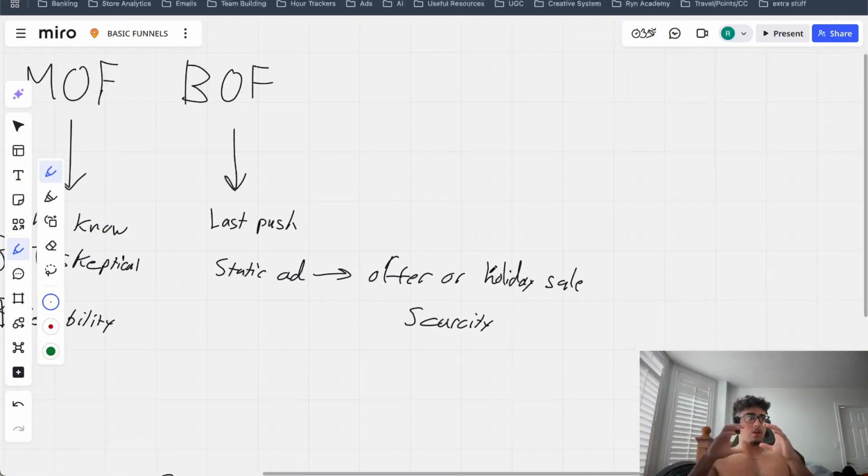You can literally just put your product on an image and say, hey, 50% off ends tonight. Super basic, but you get the point. They've already seen your product. They already know they want your product. They just need that last push, and usually an offer will do that, right?